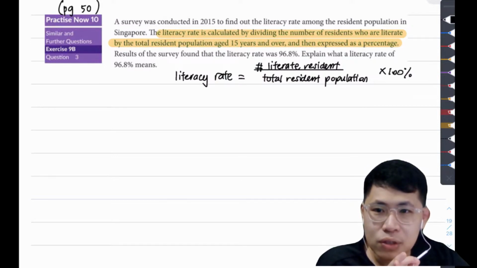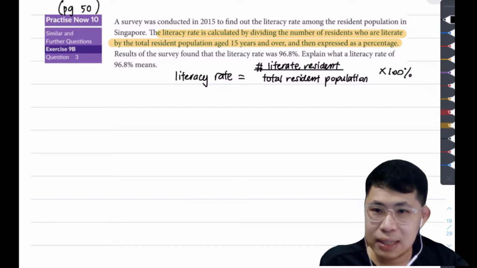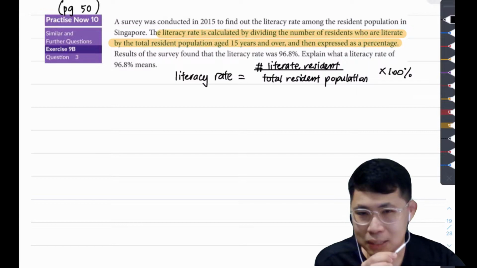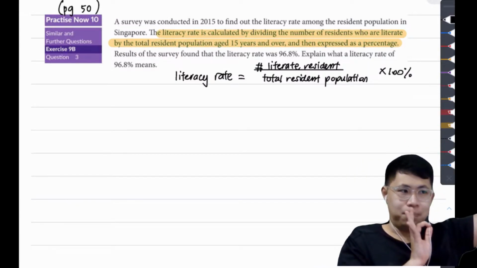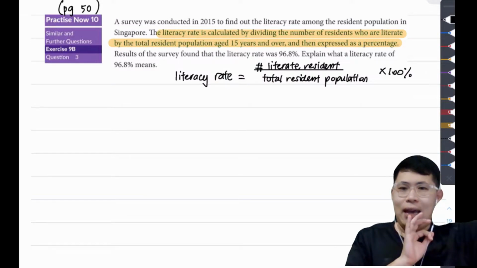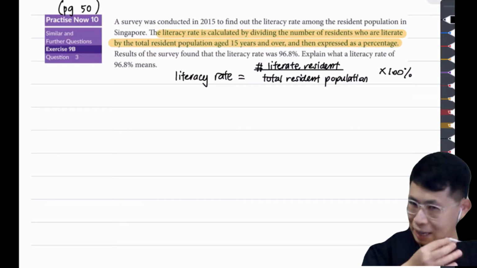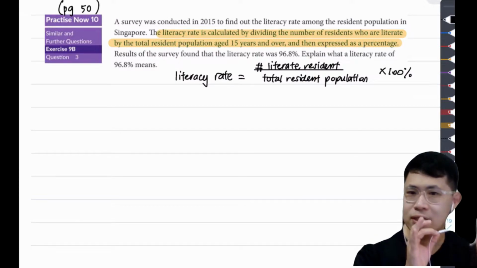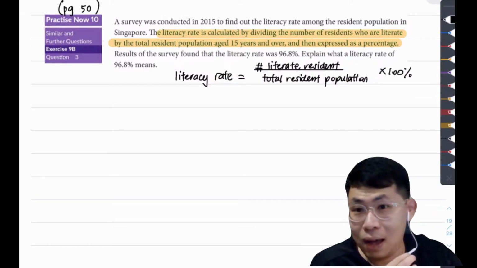So results of the survey found that the literacy rate was 96.8%. So let's explain what 96.8% means. The percent actually comes from 100%. For 100% we can assume that we're referring to 100 residents. So 100 residents total. So how many of them are literate? 96.8 of them are literate.